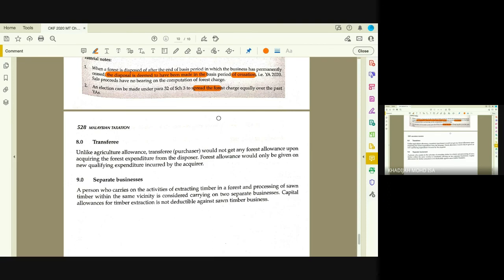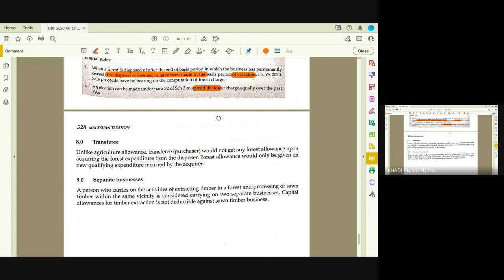Remember, with your agriculture allowance, the transferee will get the balance of the allowances. But for forest, the transferee doesn't get anything unless he incurred new qualifying expenditure. If you incur new qualifying expenditure, then only can you claim allowance on the new expenditure. On the existing expenditure, you cannot claim any allowances.